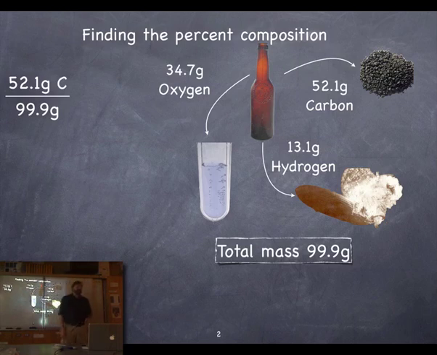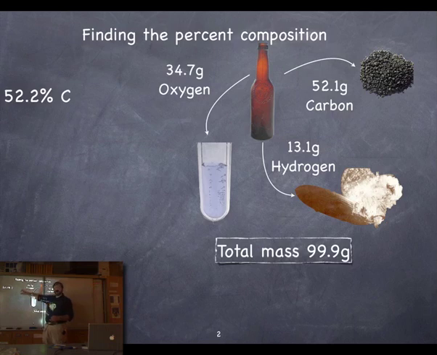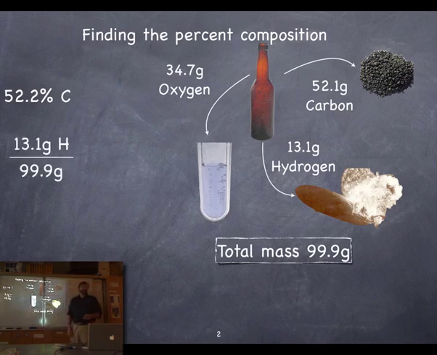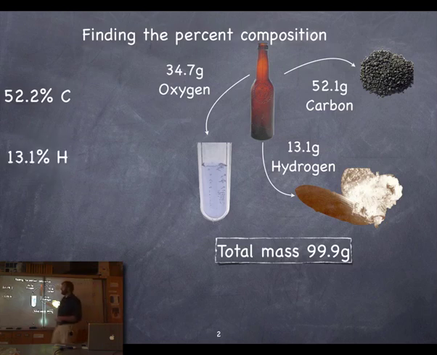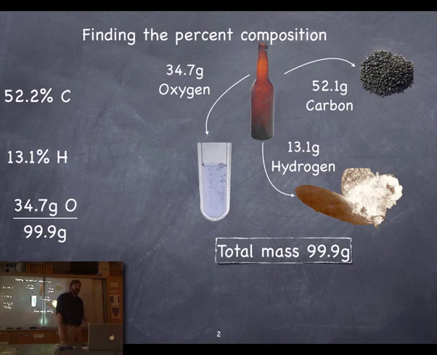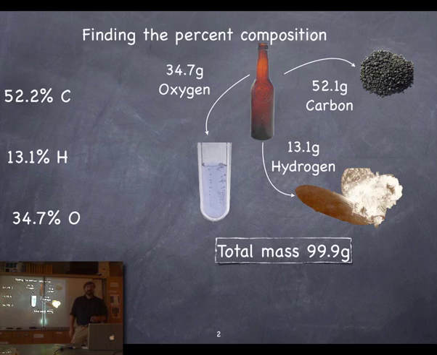Okay? So 52.1 grams of carbon divided by the 99.9 grams total gives me 52.2% carbon. 13.1 grams of hydrogen divided by the 99.9 gram total gives me 13.1% hydrogen, and the 34.7 grams of oxygen become 34.7% oxygen.